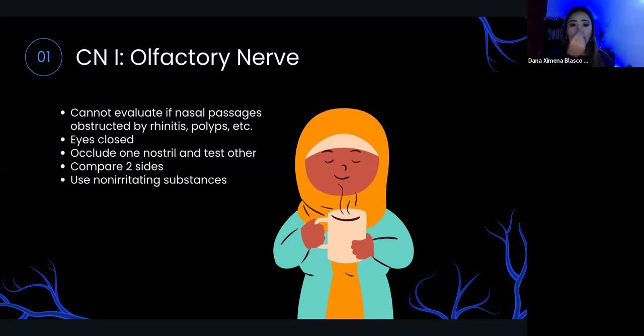Maybe use a coffee bean, some chocolate or something like that, something that's easily detected and really common, because sometimes we use things that have menthol, and that could be irritating for the patient.